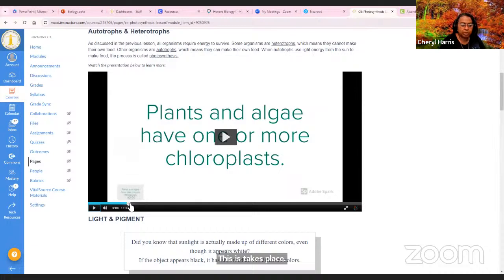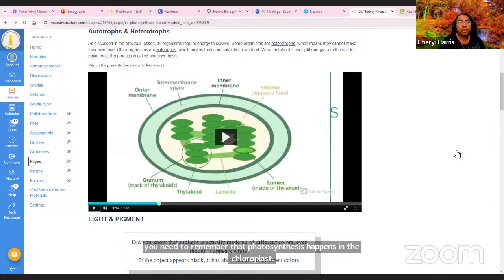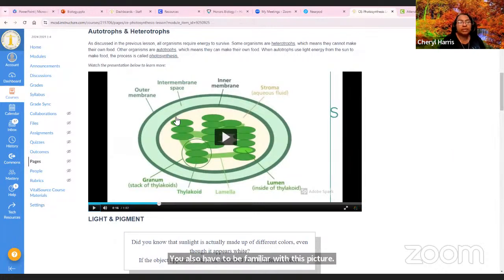So you need to remember that photosynthesis happens in the chloroplast. But you also have to be familiar with this picture. Okay, so again, this is a chloroplast, a big structure inside the plant cell. It has a membrane around it, and then inside of it you have these. Notice the circle is going around the stack of discs.